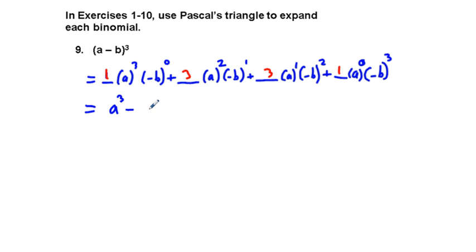So we're going to have minus the 3a squared b, and our third term is going to be 3, this time 3ab squared, and our last term, we're going to have this negative b cubed, so that's going to be a minus, and this 1, a to the 0 power is 1, so minus 1b cubed. So that's going to be our answer.